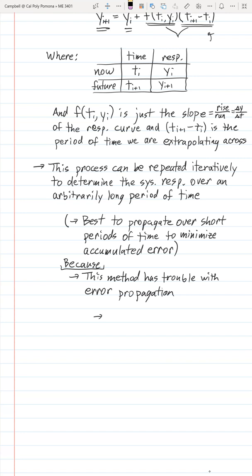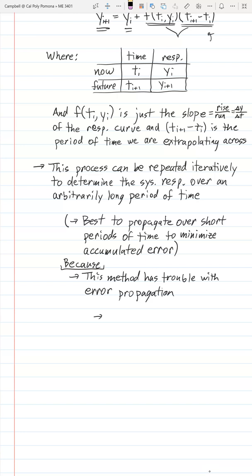A couple ways that we can fight this. One is not to use Euler's method, because again, Euler's method is probably the method that is most susceptible to error propagation, or one of the methods that's most susceptible. So we can use different methods that thankfully do a better job of estimating what's going to happen with the future points.